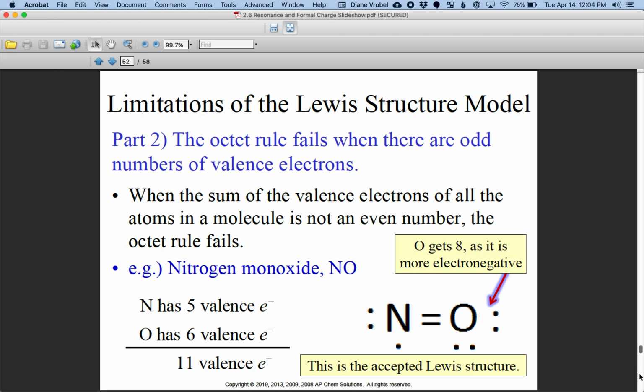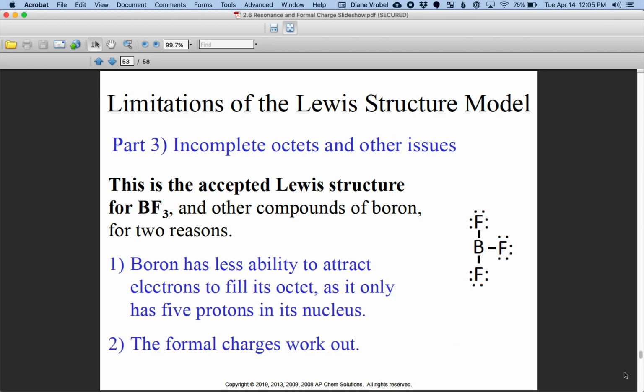They are not the most stable. We tend to call them radicals. I don't think AP expects you to know that, but this is a situation where unfortunately the Lewis structure doesn't really help us to understand the accepted, well-known Lewis structure.